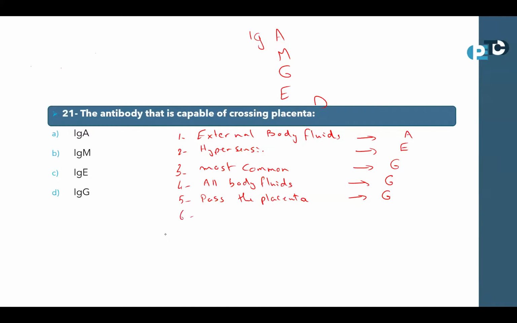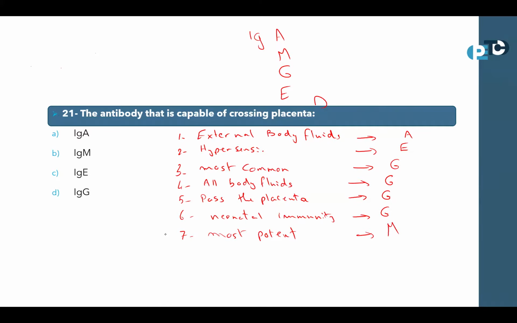So the antibody that gives neonatal immunity is G. The antibody that is most potent is M.